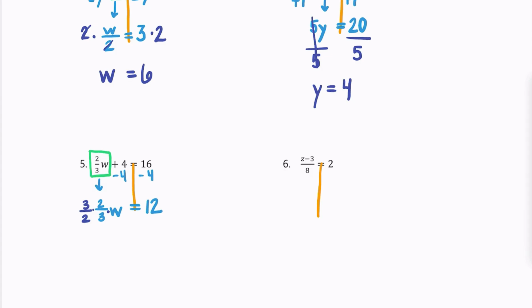Now remember, if we do that on the left-hand side to keep it balanced, we have to also do it on the right-hand side, multiply by 3/2. So on the left-hand side, those are going to cancel out because that's going to give us 6/6, which will just give us 1. We'll be left with w. And then here we're going to do 12 times 3, which will give us 36 all over 2. And 36 over 2 simplifies to 18.